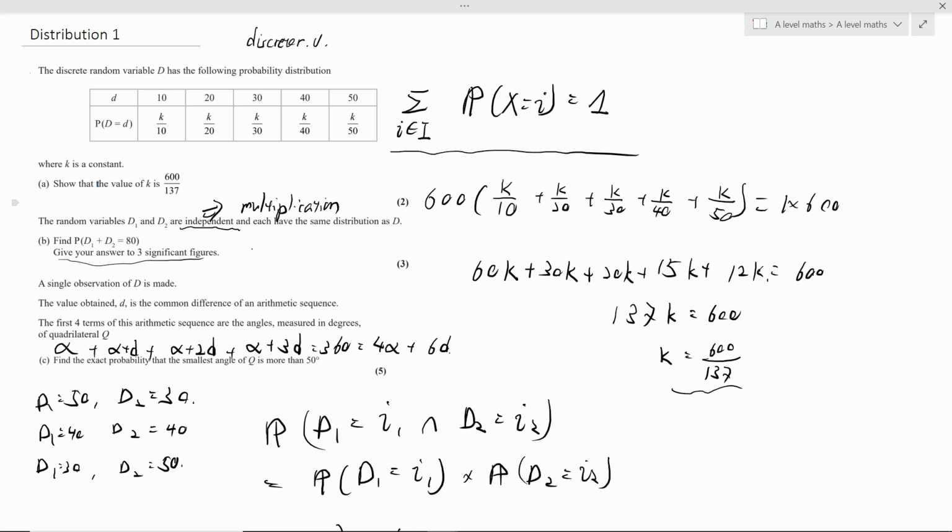And you can see, well, the first term is alpha, second term is alpha plus d, third term is alpha plus 2d, and alpha plus 3d. From this logic, you can tell that they are actually the separate internal angles for our quadrilateral Q. And another important property here is that the quadrilateral's internal angles sum to 360.